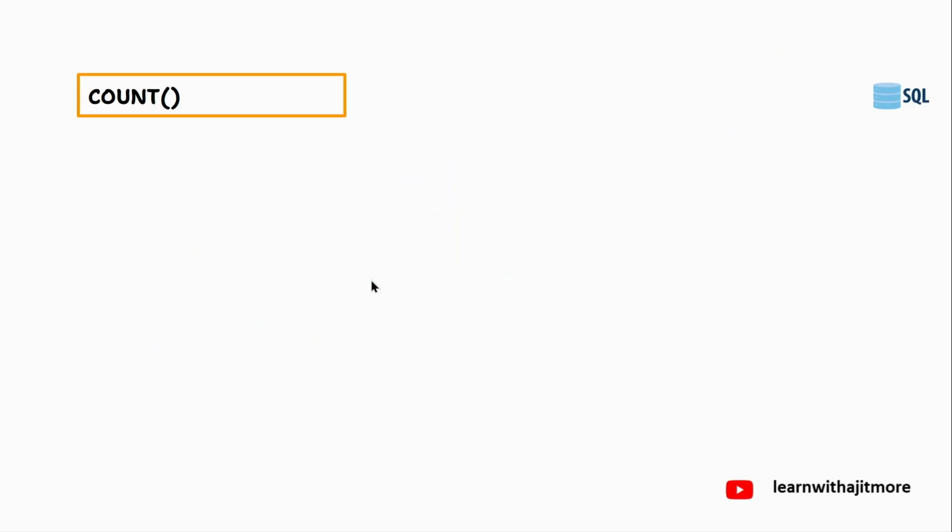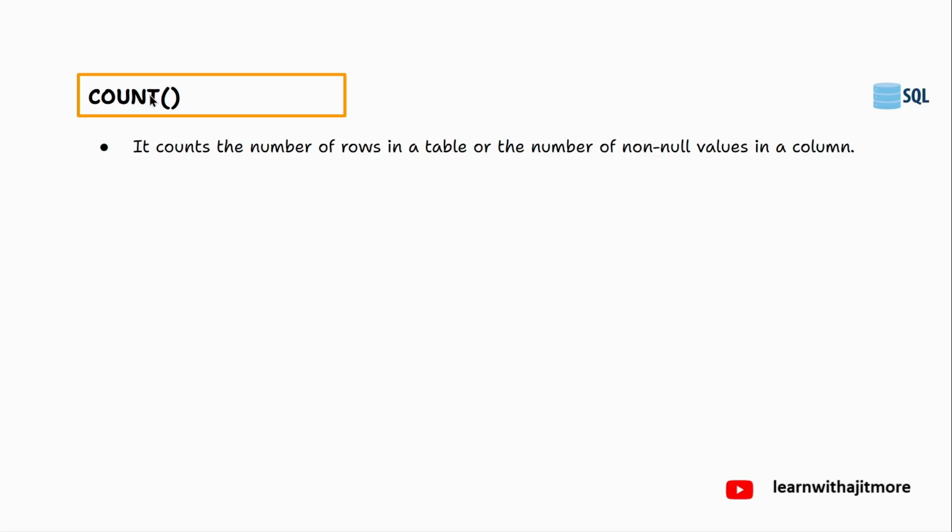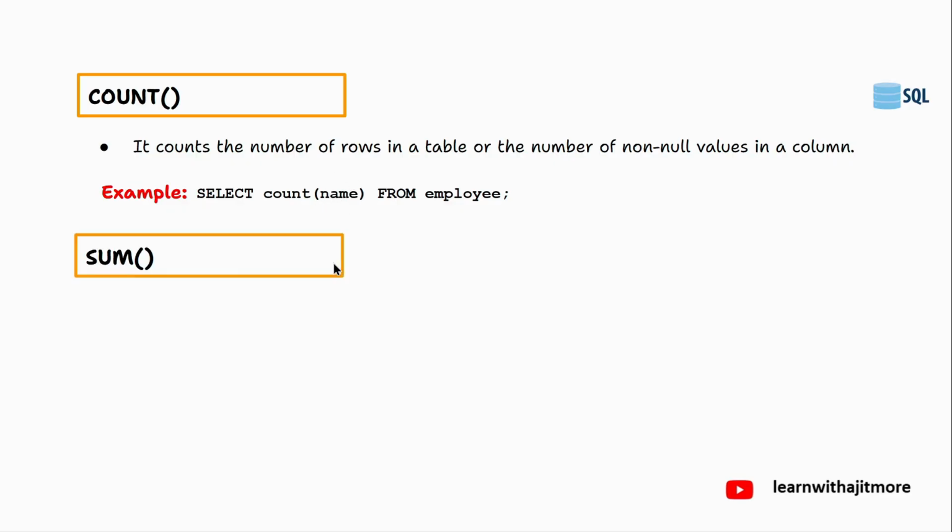I'll show you the effect of it. Count counts the number of rows in a table or the number of non-null values in a column. If you mention the column, then the number of non-null values; and with star, how many rows are there. See here, select count name from employee. So it is counting how many names are there.